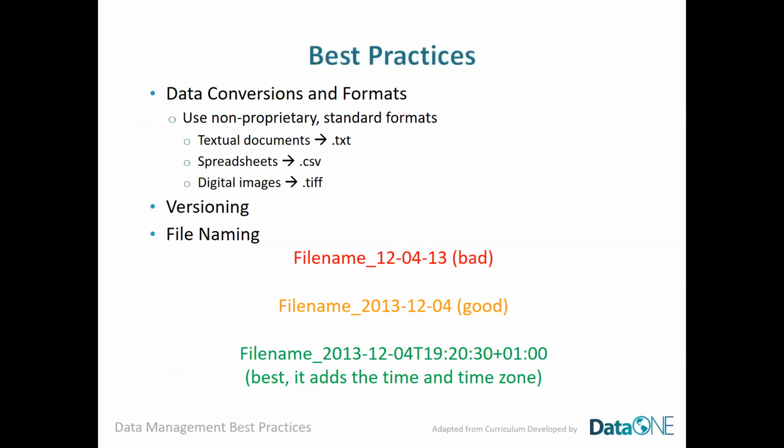And so that file name in the middle is better than the first. It is very clear that you're speaking of December 4th of 2013. Now last, you can also add the date and time zone to your file name if that is necessary, and the ISO standard allows for that. And so you see that on the last example, you can get very, very specific.